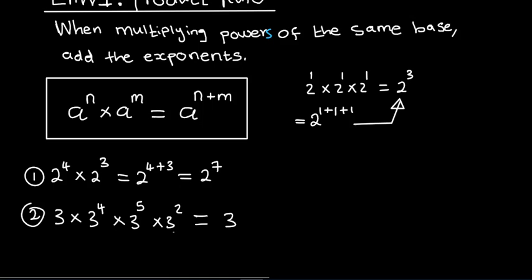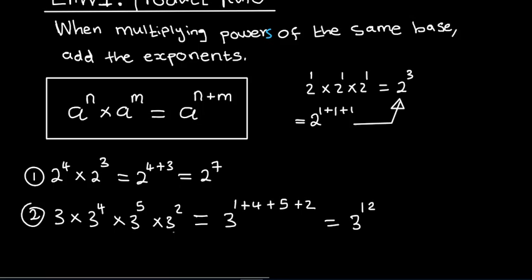So you write the base first, then you add the exponents. On the first 3 there's no exponent, which means its exponent is 1. So it's going to be 1 plus 4 plus 5 plus 2: 1 plus 4 is 5, plus 5 is 10, then plus 2 is 12. So this is going to be 3 to the exponent of 12.